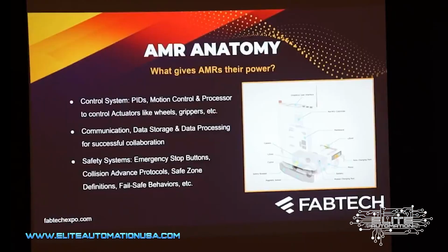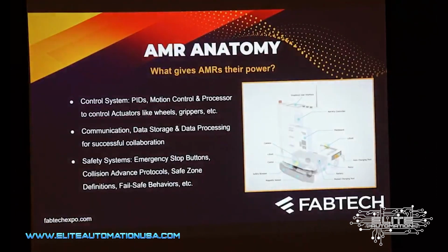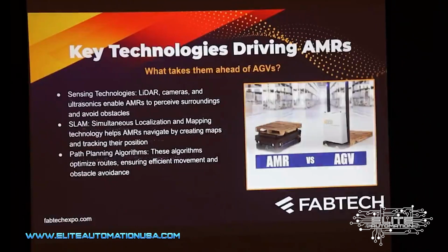These systems are also equipped with your standard safety systems that you would see within a robotic type of system, and some higher level safeties as well, just to ensure that this is a safe product, which is one of the other advantages of AMRs. When you compare an AMR to a fork truck, generally they are a much safer option.